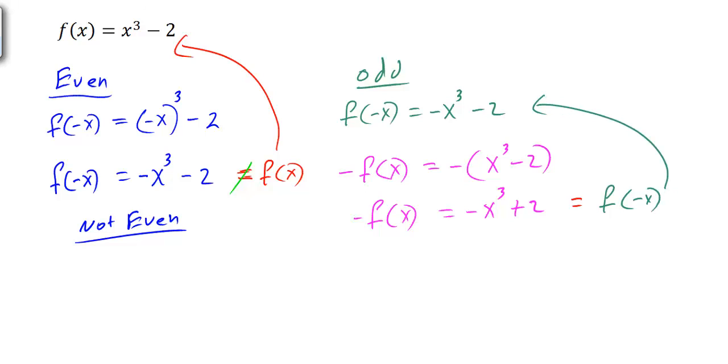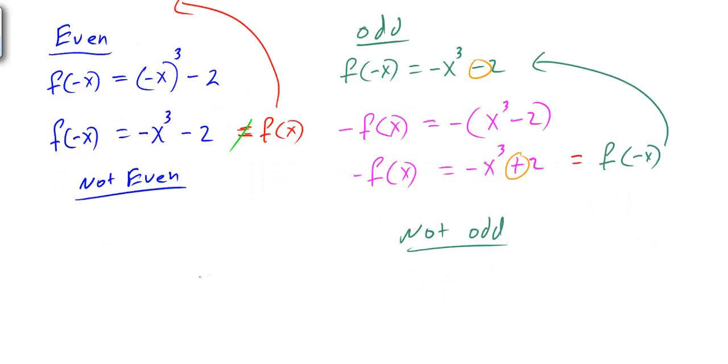And we'll notice that it's close, but down here we have a plus and we have a minus 2 here. So therefore the function is not an odd function. So in this case, your answer would simply be neither.